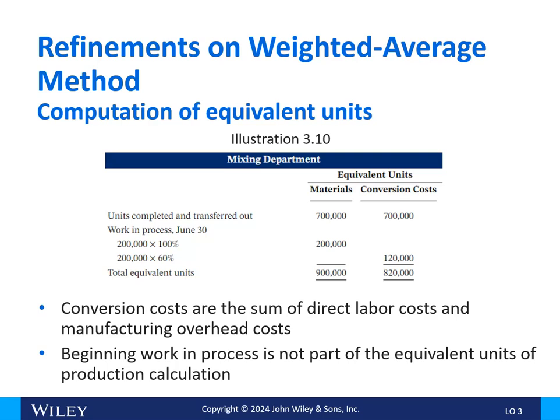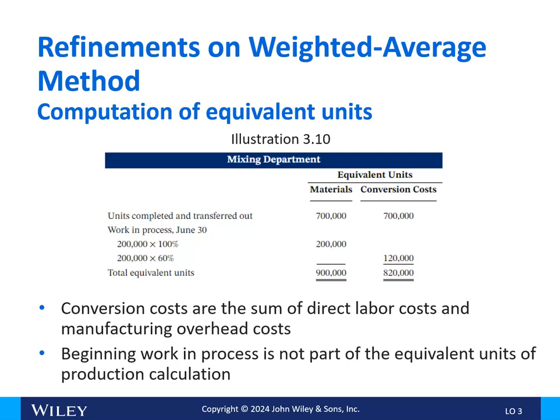We had 200,000 units, 100% complete to materials, so they get 200,000, so 900,000 equivalent units of materials. Conversion costs of the 200,000 units in ending work in process inventory, they were only 60% complete. So 60% of 200,000, 120,000 units. So conversion cost equivalent units was 820,000.